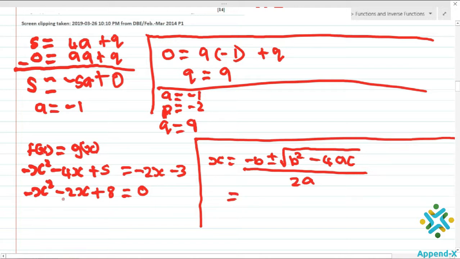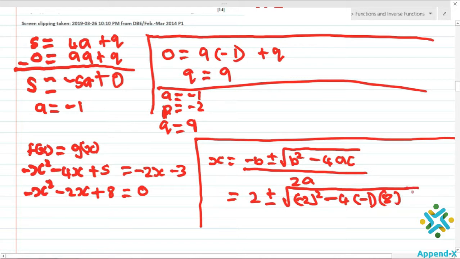Now in our case, b is negative 2, so negative of negative 2 becomes a positive 2, plus or minus negative 2 squared, which is our b squared, minus 4. Okay, our a is negative 1 and our c is a positive 8. Okay, this is all over 2 multiplied by negative 1.